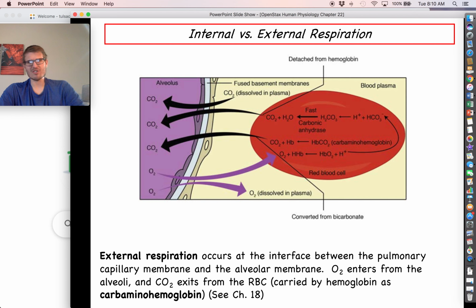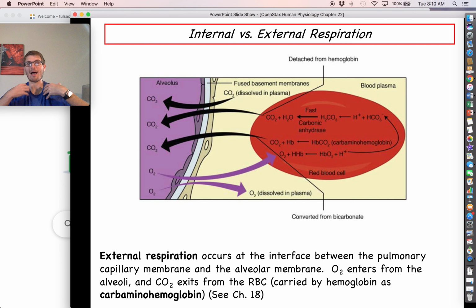So, internal versus external respiration. This is probably a new concept for you, so let's talk about this. We talked a little bit about it in chapter 18, but let's go ahead and talk about it in more detail here. External respiration is what occurs at the interface between the pulmonary capillary membrane and the alveolar membrane. Essentially, this describes the process of gas exchange in the lungs.